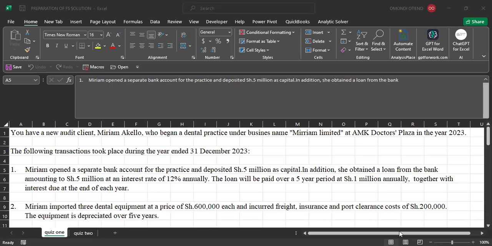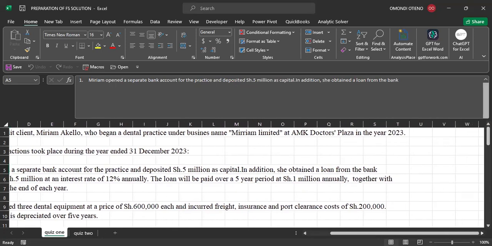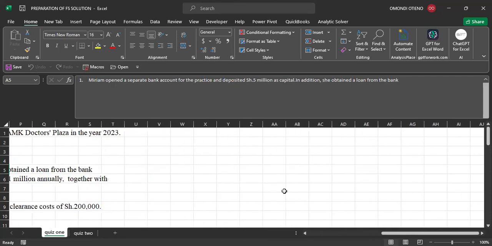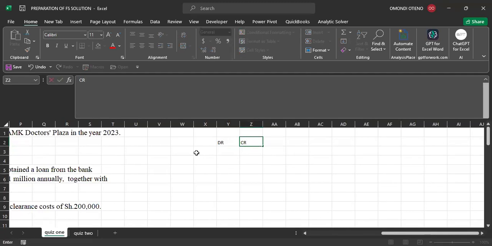So the two accounts that we've been able to identify here, let me just take you to this side. You have two ways of dealing with this. You can come up with a column, talk about debit, talk about credit, then indicate the names here. Another way, you can come up with the T account.